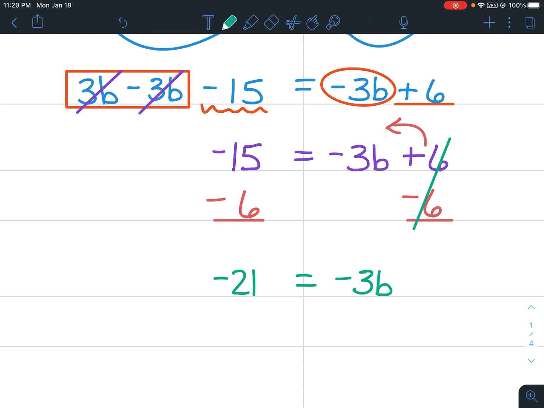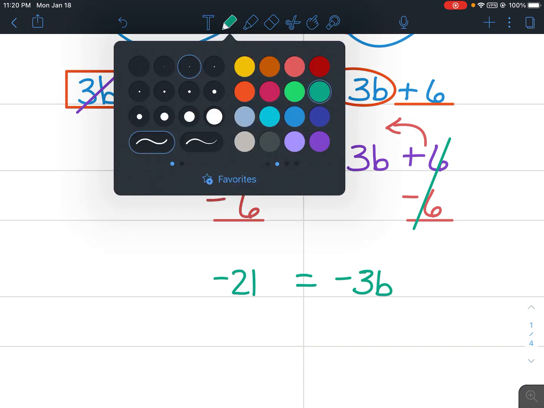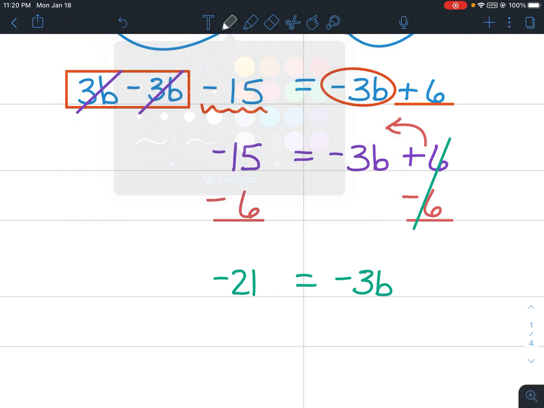-3b. And now the last step is to isolate the variable using the inverse operation, and the opposite of multiplication is division. So I'm going to divide both sides by -3.